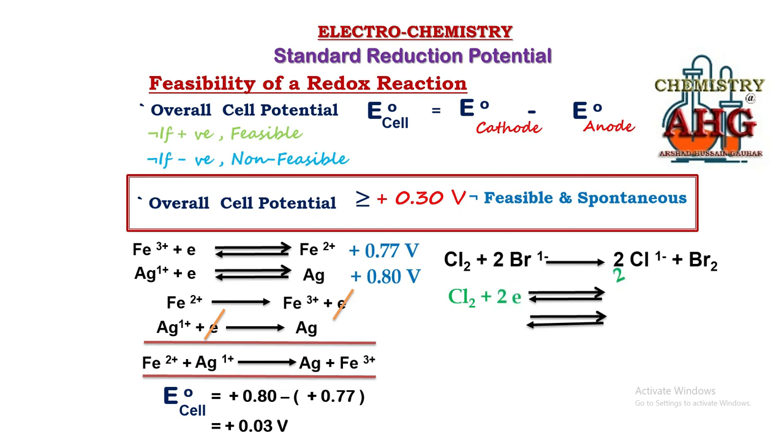You should take equations for each half cell along with their reduction potentials, and then you can decide whether the given reaction is feasible or not. Which half cell must undergo reduction? The chlorine half cell must undergo reduction because its reduction potential is greater mathematically.